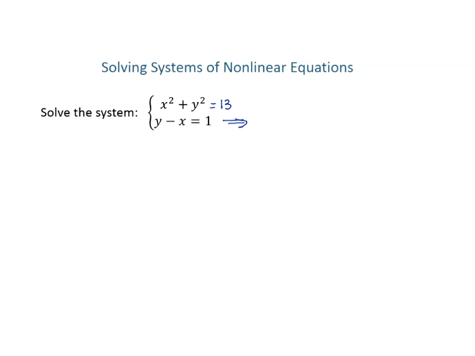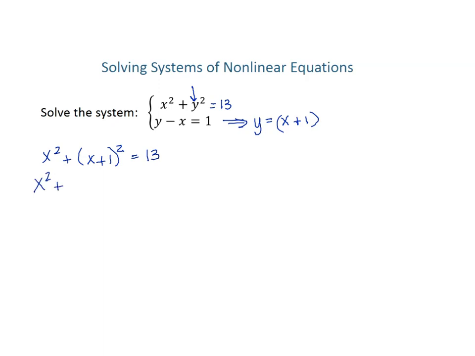So this equation is going to become y equals x plus 1. And now I'm going to take that x plus 1, and I'm going to plug it in right here for y. So I'll have x squared plus x plus 1 squared equals 13.